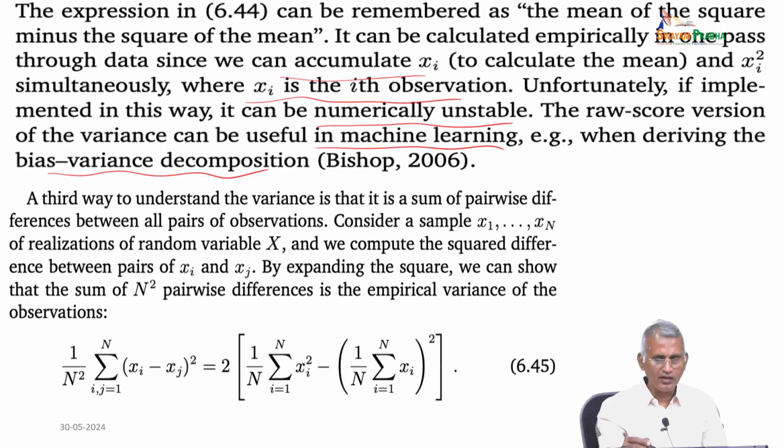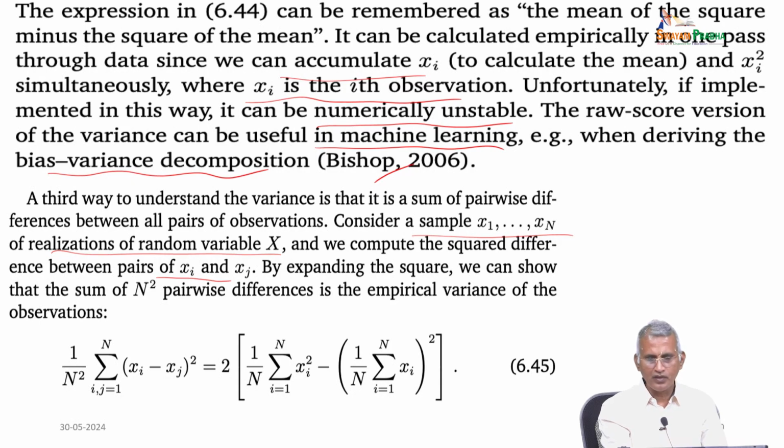The third way to understand the variance is as the sum of the pairwise differences between all pairs of observations. Consider a sample x1 to xN, a realization of the random variable X, and we compute the squared difference between the pairs x_i and x_j.